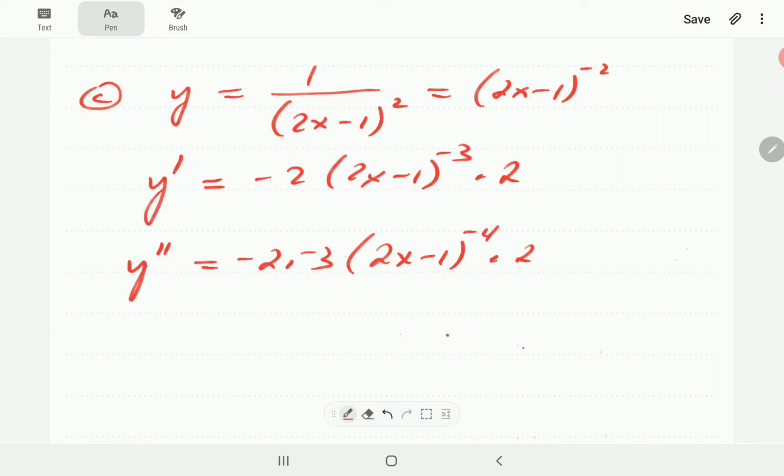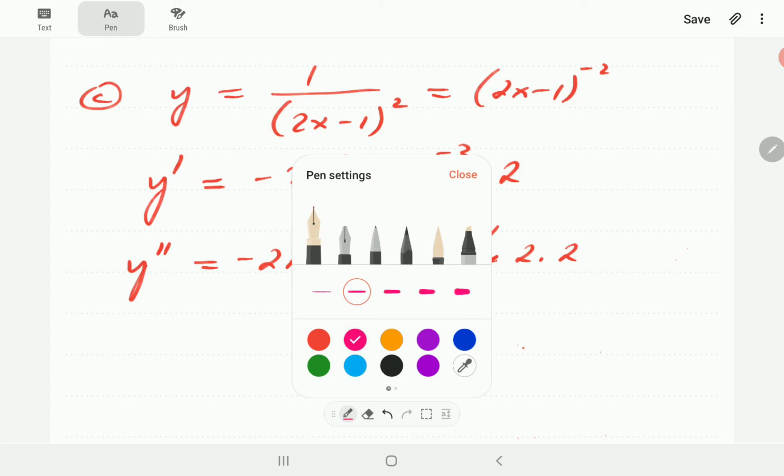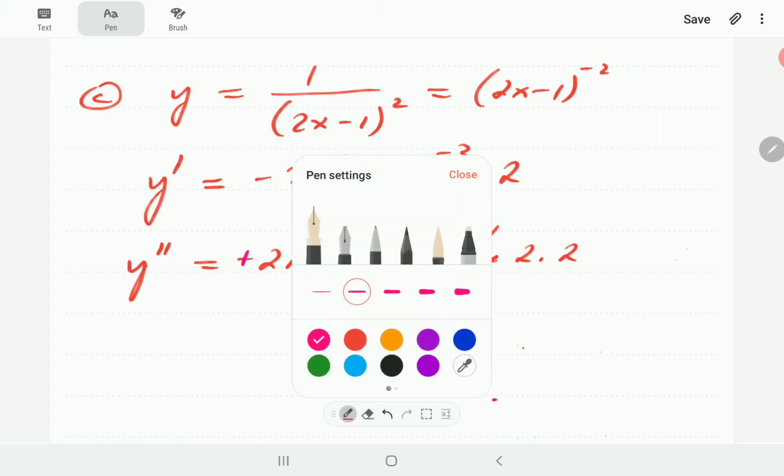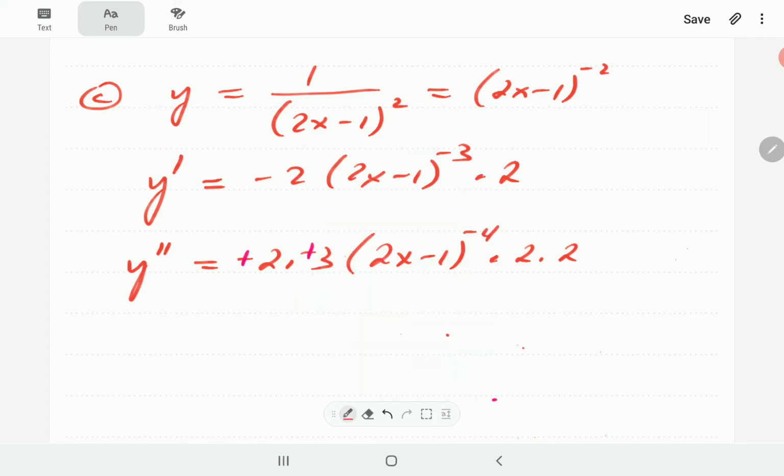Then this side we're going to have 2 times another 2. Okay, and then we notice that we have got a product of 2 negatives here, so that means we can flip this sign to a plus. So that's going to be our second order derivative.